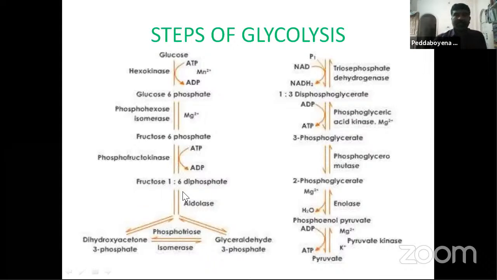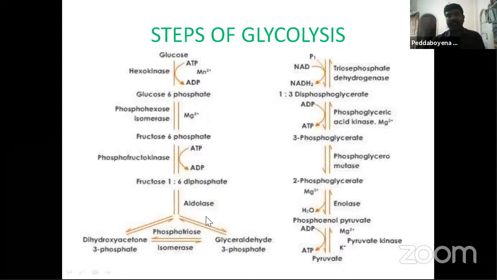So fructose 1,6-bisphosphate is cleaved, catalyzed by the aldolase enzyme, and forms dihydroxyacetone phosphate and glyceraldehyde 3-phosphate. In the isomerization, DHAP is converted by isomerase into glyceraldehyde 3-phosphate.